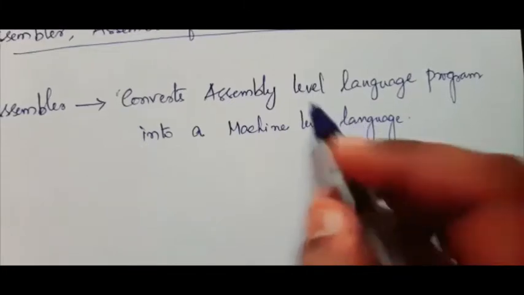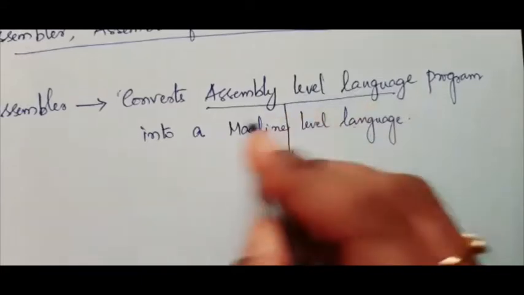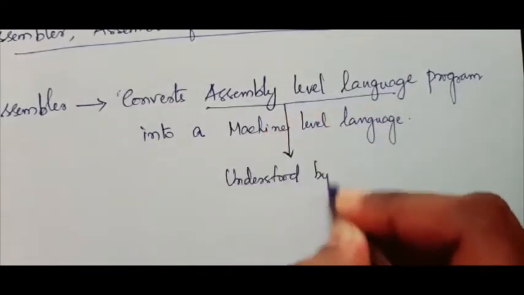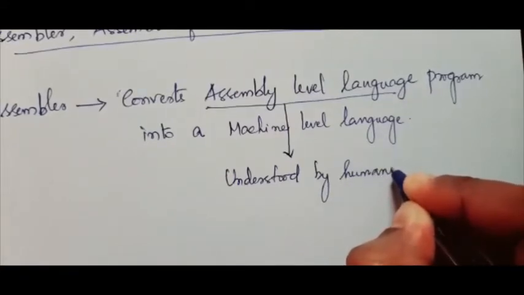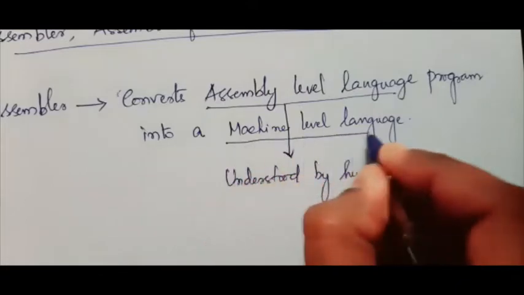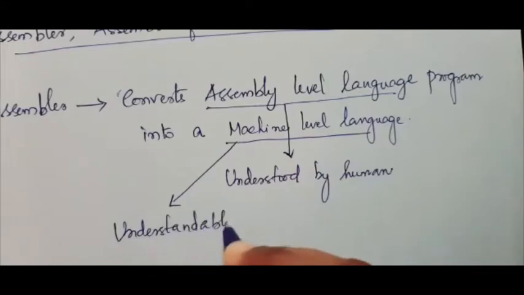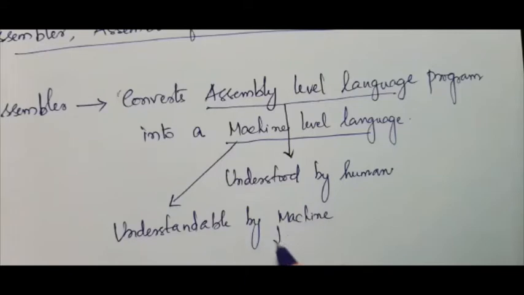It means that assembly level language program is understood by human since it is a high level language program, whereas this machine level language program is understandable by the machine, which is in the form of zeros and ones.